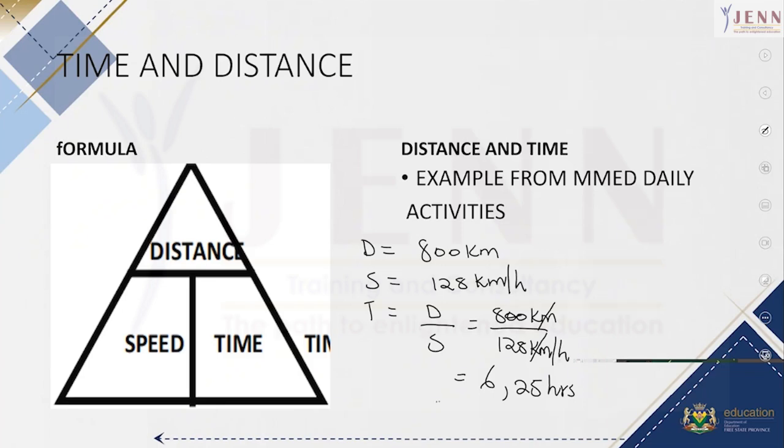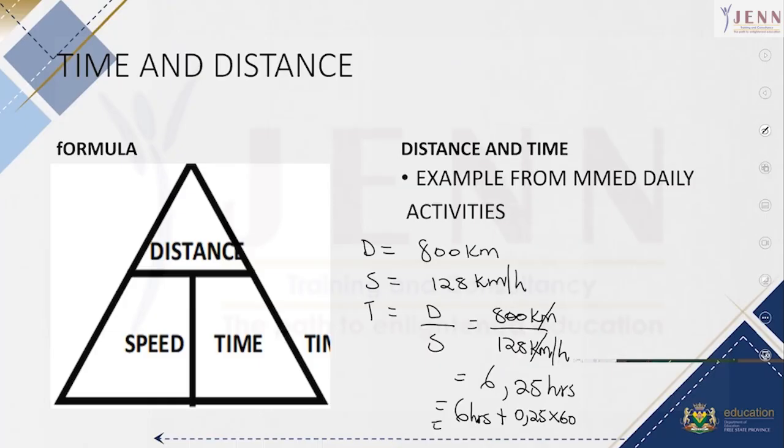So what you have to do, you write 6 full hours plus 0.25 hours. Now you are converting this one because it's not a full hour. You are going to convert it to minutes. You multiply it by 60 because you all know that to convert from hours to minutes, you multiply by 60.